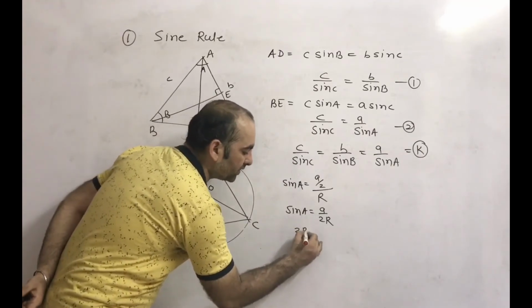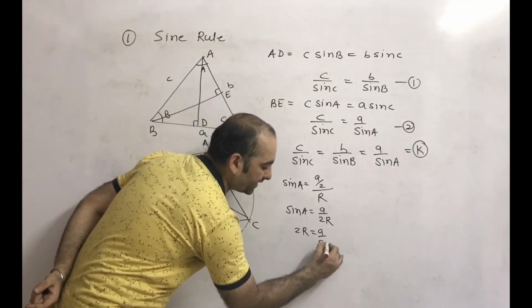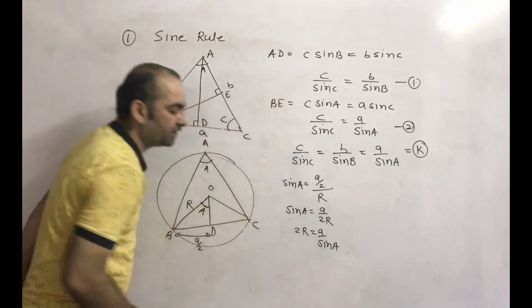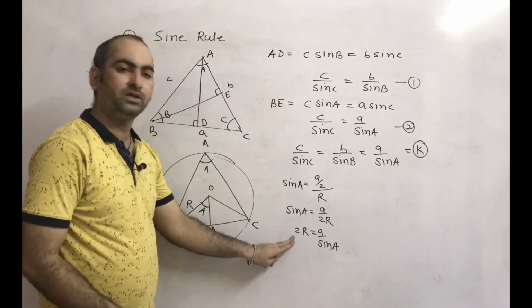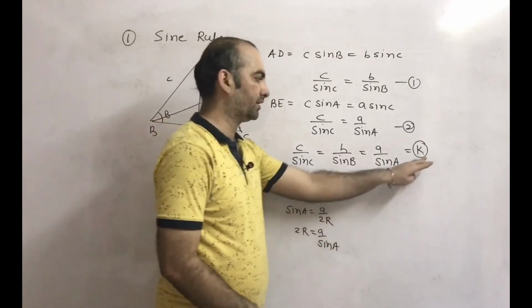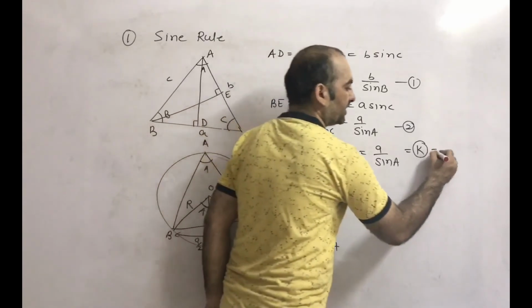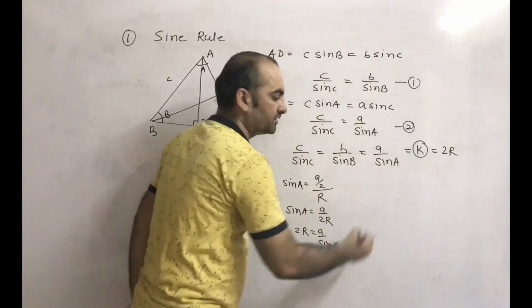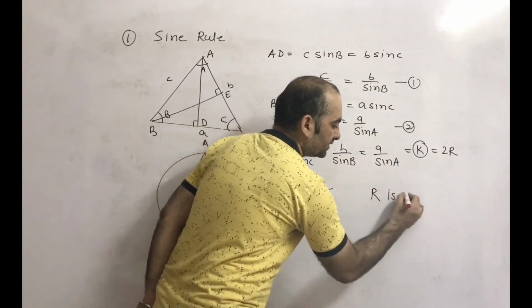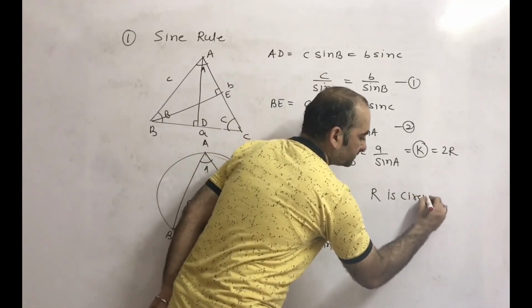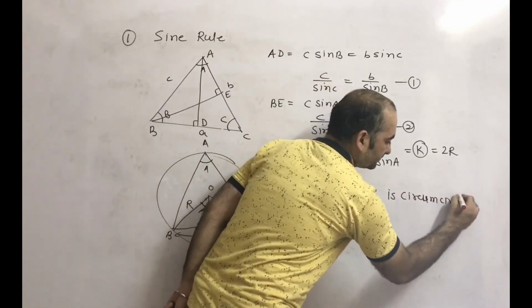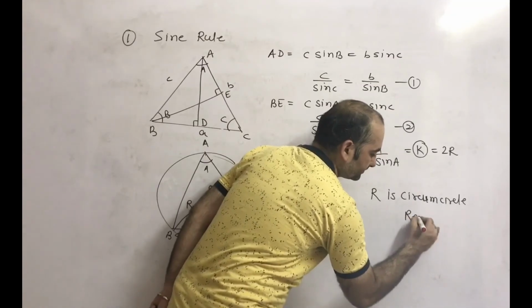So 2R equals a by sine A will come. So a by sine A is 2R. That means the constant value is nothing but 2R. Where R is the circumcircle radius.